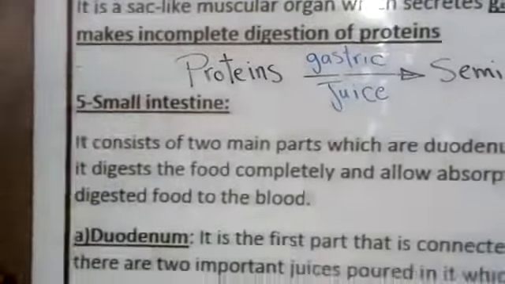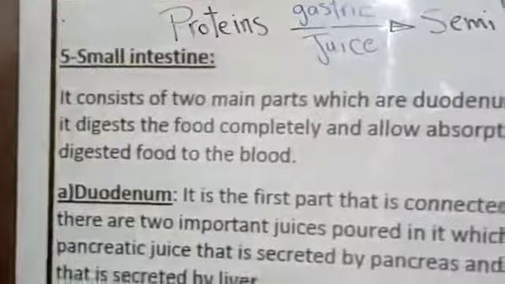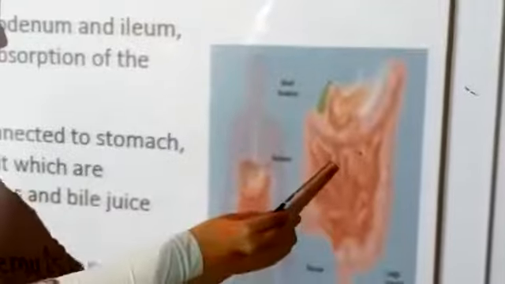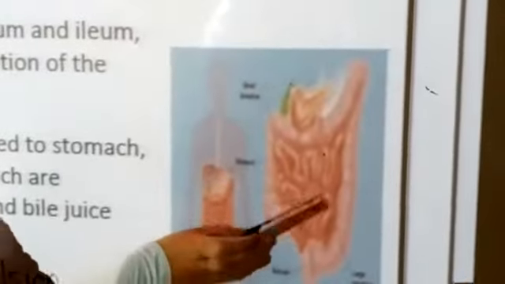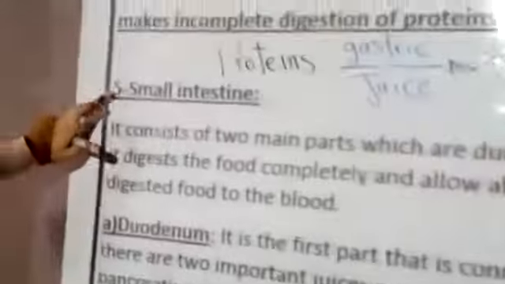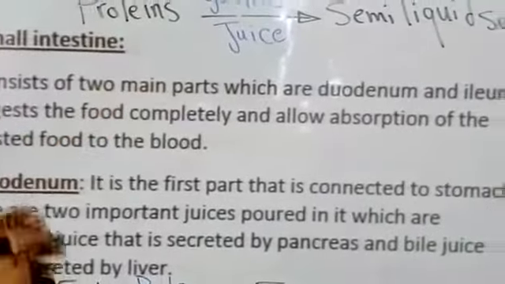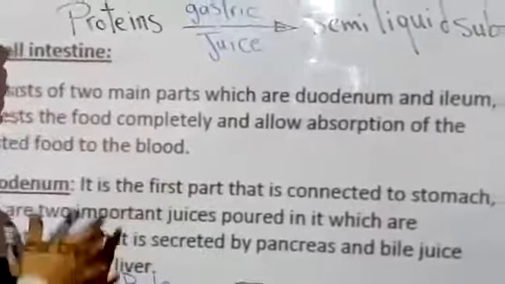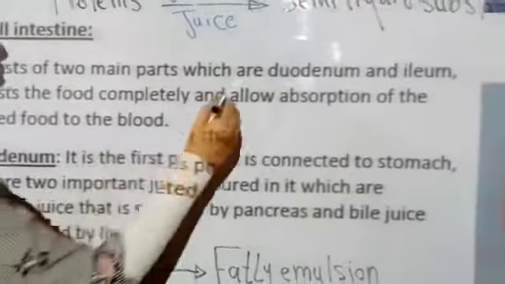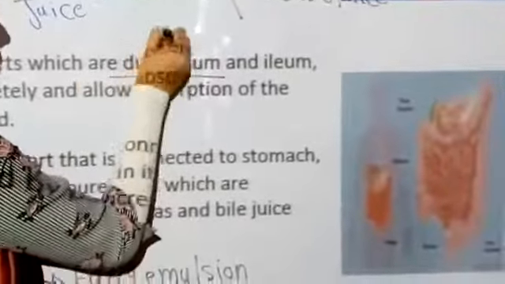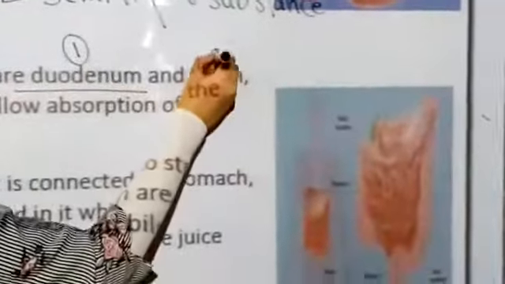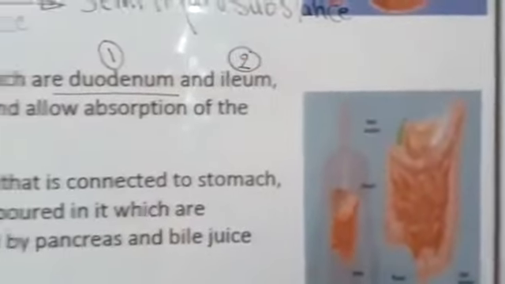Number 5, we have the small intestine. There is the small intestine. It consists of 2 main parts. We have the duodenum, this is part number 1, and the ileum, this is part number 2.